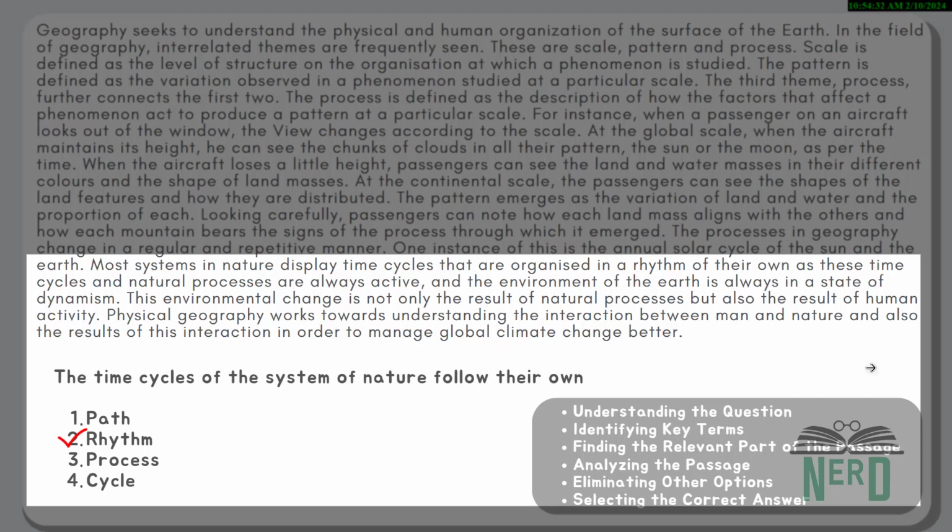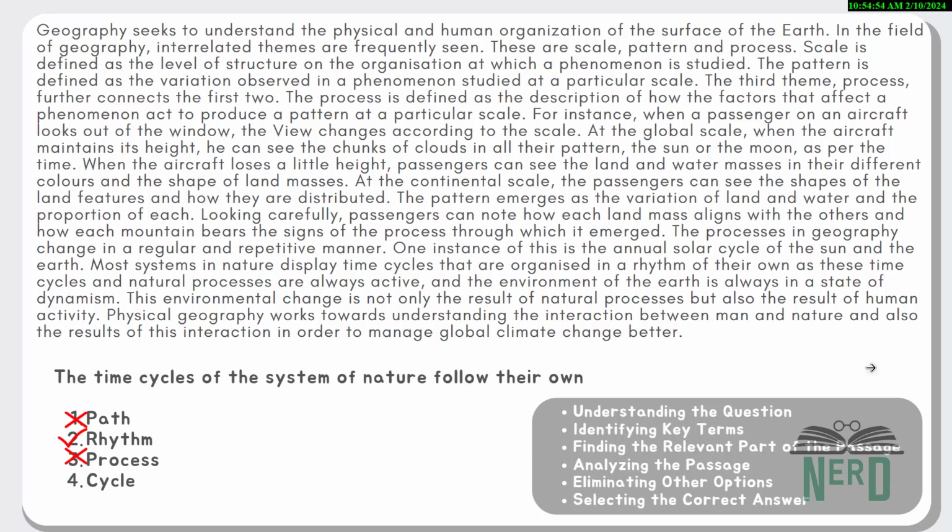Then we are going to eliminate the others. We know it's the rhythm in the line itself, but our next step is to eliminate all the other options. Path is not mentioned in the context of the time cycle in the whole passage. Process is discussed in the passage but refers to how factors affecting a phenomenon produce a pattern, not specifically the time cycle, so we can eliminate it.